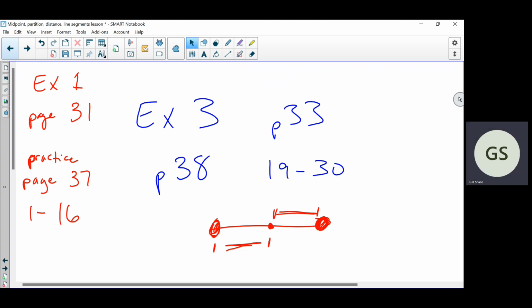So what do you need to do? What's the next step for any midpoint? How do you figure out a midpoint? You add the endpoints together and then you do what? Well, if you're doing the formula, you don't have to do that. If you're doing the formula, you add the endpoints together and then you do what?